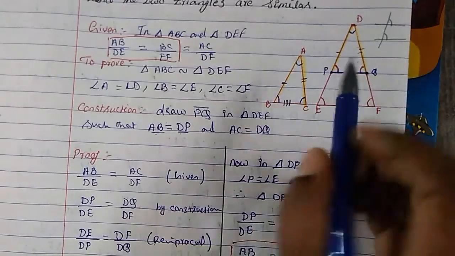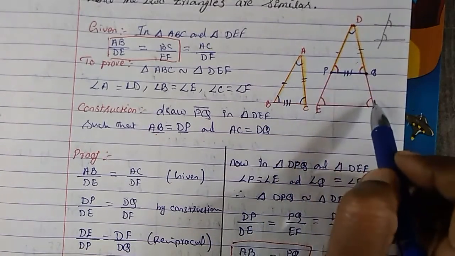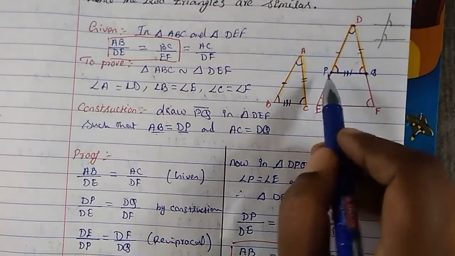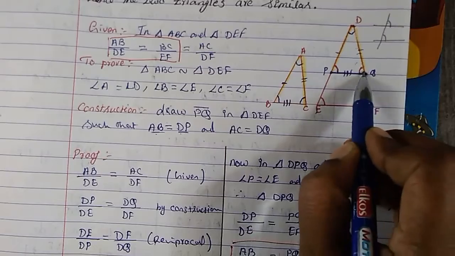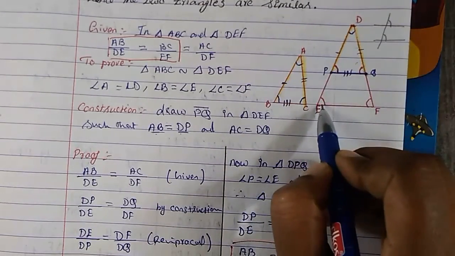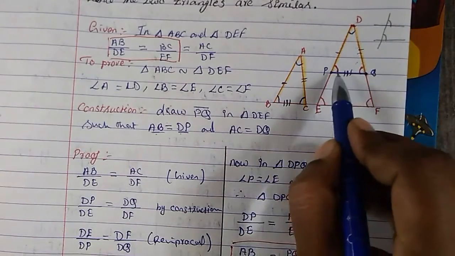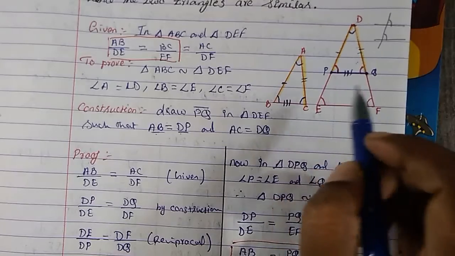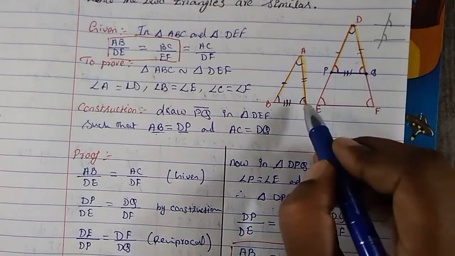Now already we have said that P and E are equal because they are corresponding angles. Now we are saying B is equal to P, C also is equal to Q, A is equal to D. So that means P is equal to E also, P is equal to B also. That means these two will be equal. Same way here, Q is equal to F also and Q is equal to C also.